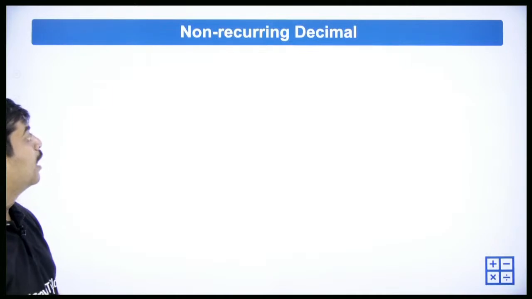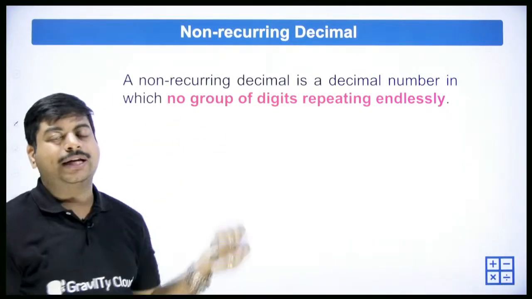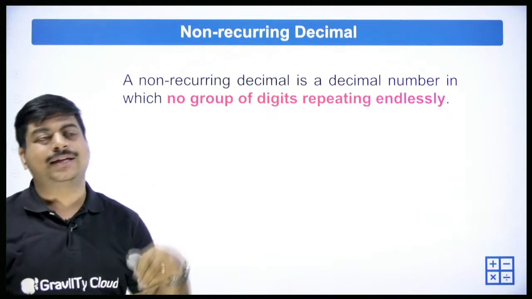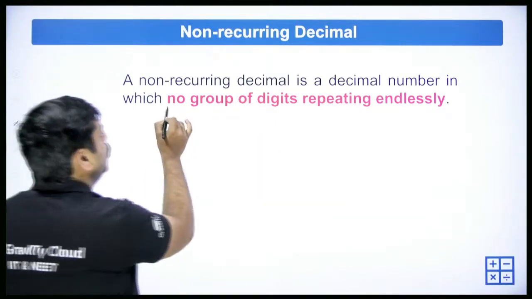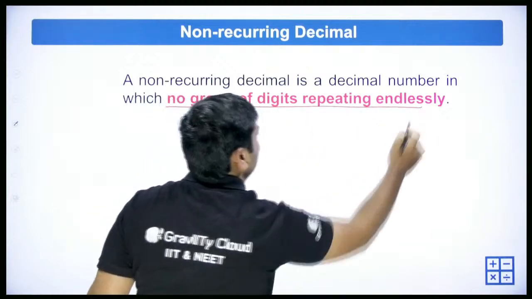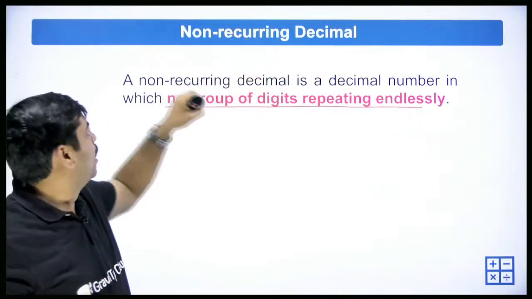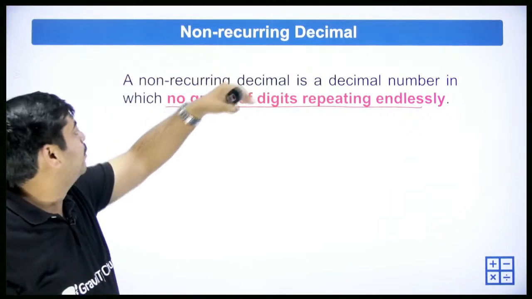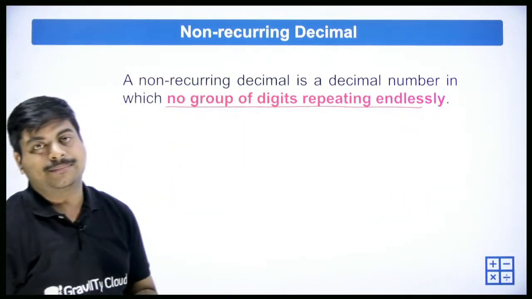Let's see what a non-recurring decimal is. We just saw recurring, which has a fixed pattern followed again and again, but here no group of digits is repeating endlessly. A non-recurring decimal is a decimal number in which no group of digits is repeating endlessly.